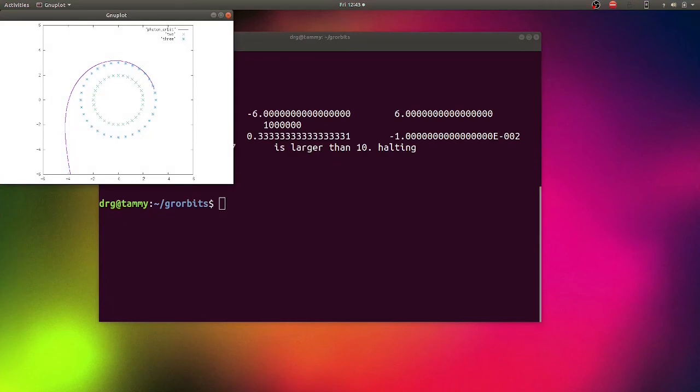I made du d theta slightly negative, meaning dr d theta is slightly positive. Starting on the photon sphere, I don't even get one orbit out of it before it heads off to infinity.